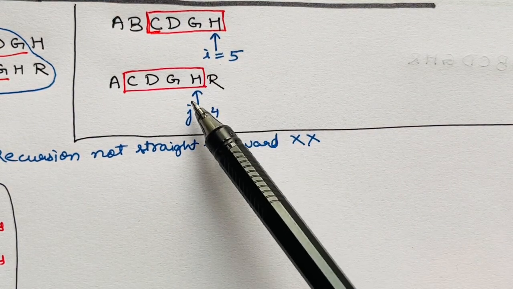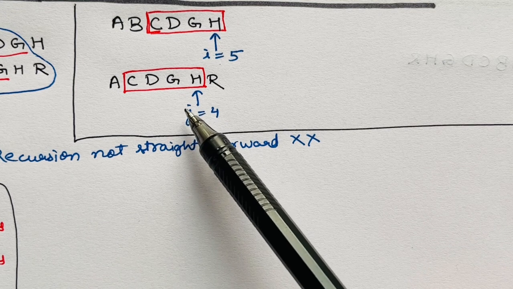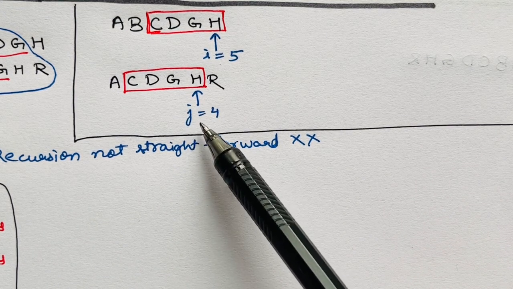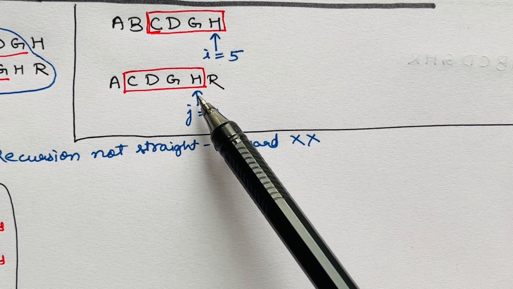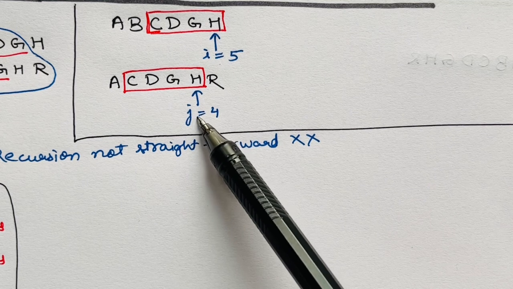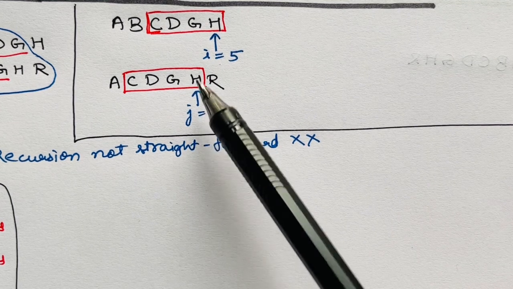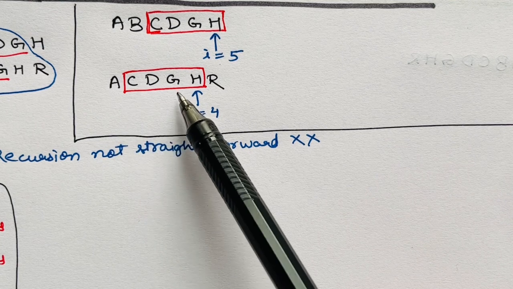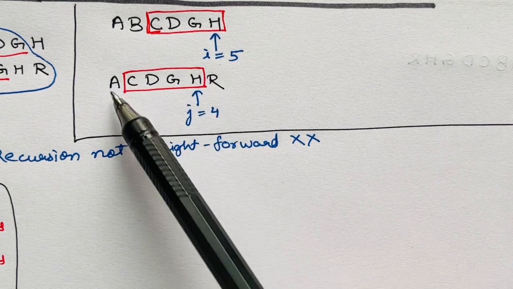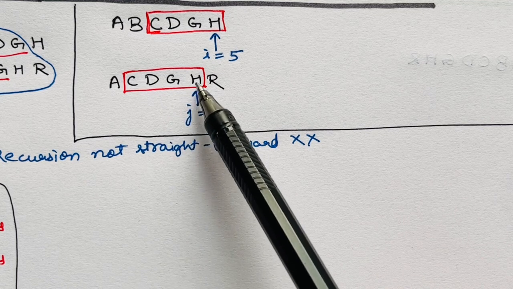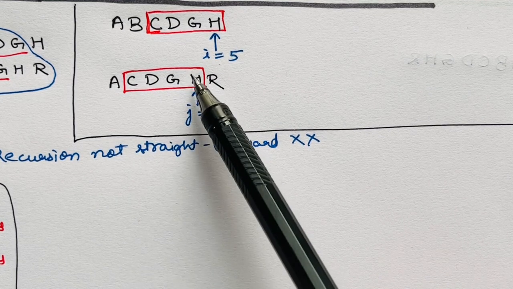Similarly, if we come to the second string S2, CDGH ends at index j equal to 4. Now, if we only consider characters till this index, till j equal to 4, and we don't consider R, that means the string in consideration is ACDGH. Now, in this string, what can we say about CDGH? CDGH is a suffix of this string.